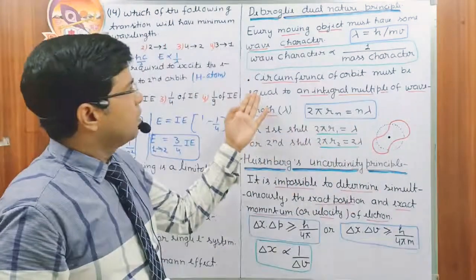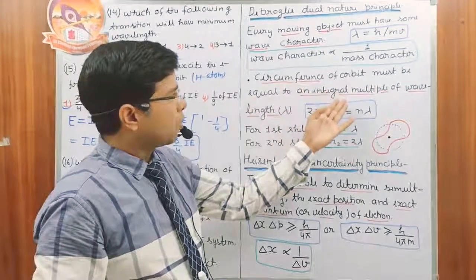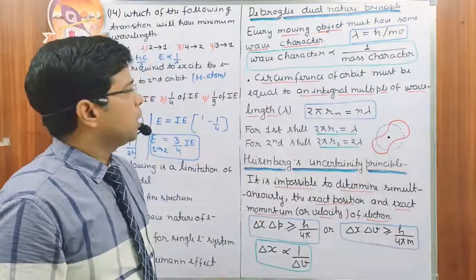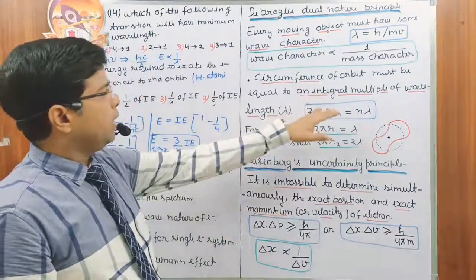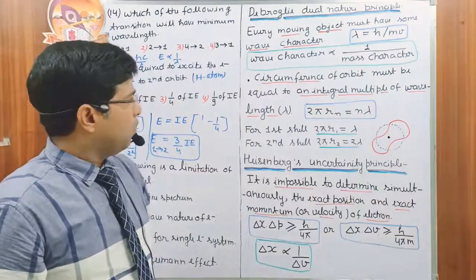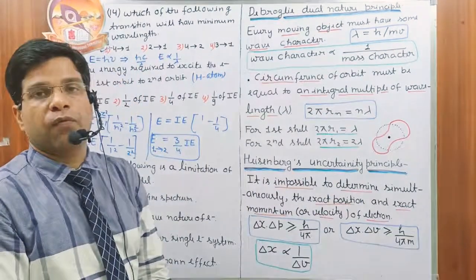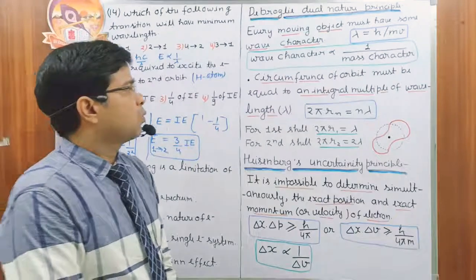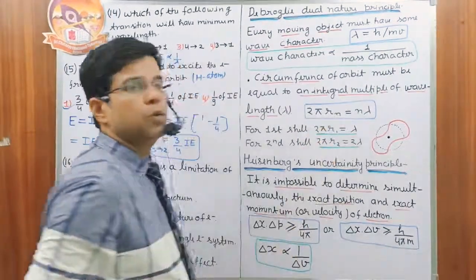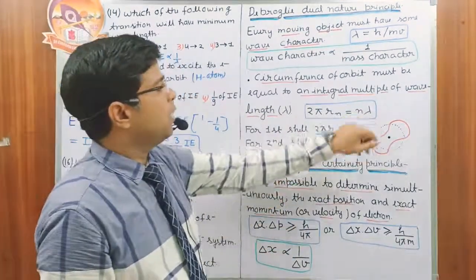What is that? Circumference of the orbit must be equal to an integral multiple of the wavelength of the electron. What do we have? 2 pi r is equal to n lambda.